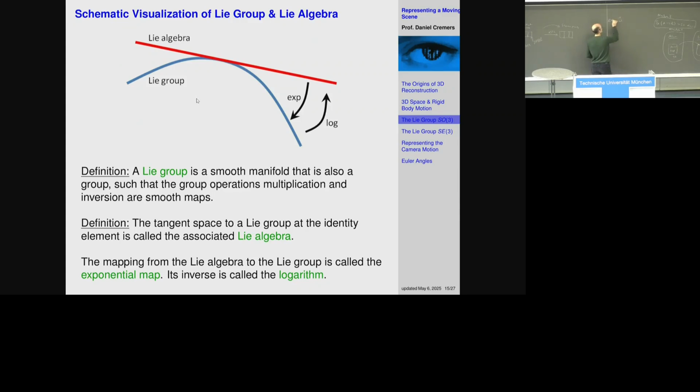Once we exponentiate this, then we get a rotation matrix R. And what's nice is once we do that with this skew-symmetric matrix, so a matrix from the space little SO3, then it follows automatically that R transpose R will be the identity matrix, and it also follows that the determinant of R is equal to 1. And so this is nice because it means we don't have to enforce these constraints manually or in the optimization.